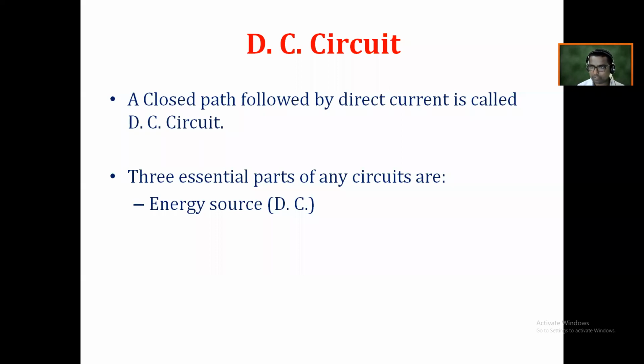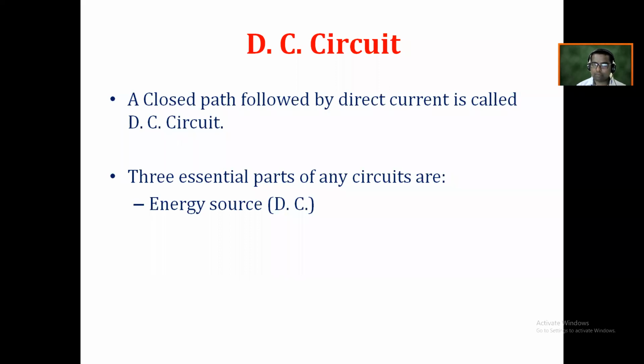Get it, my point? If I consider that this is a resistor, just by simply considering the resistor, no current will flow through that resistor. Is it right? But when we connect the DC energy source between the two terminals of a resistor, this energy source will create the potential difference.